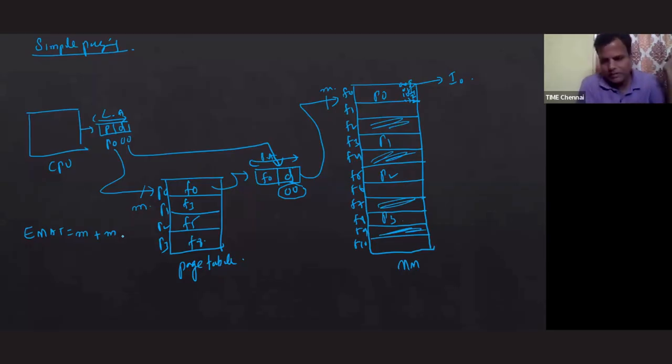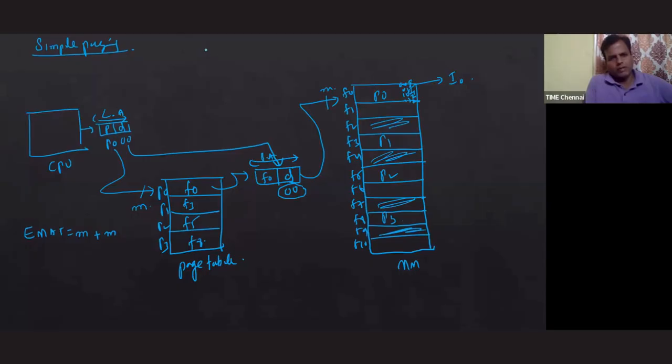Next one. Are you finding external fragmentation in paging? Answer is no. External fragmentation was the reason why we shifted towards paging. Are you finding internal fragmentation in paging? Yes, it may be there, but in the last page of the process. How is it? See here.